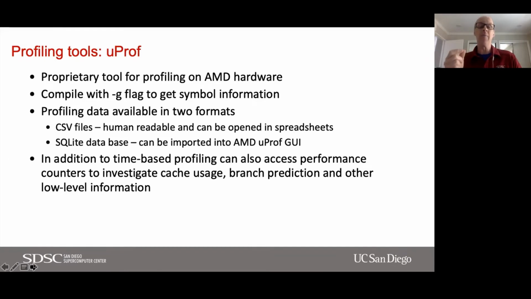And it also generates a SQLite database that can be imported into the AMD uProf GUI. In addition to time-based profiling, which is what we did with gprof, you can also access these low-level performance counters to investigate things like cache usage, branch prediction, and other low-level information. And we'll give an example a little bit later showing how this could be useful.